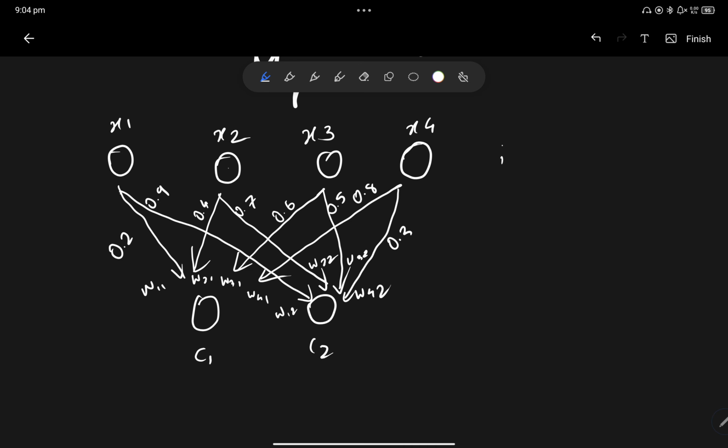How many input vectors are there? We have 4, so I is equal to 4. For I1 we have the values 0, 0, 1, 1. This is I1, and I2 is 1, 0, 0, 0.